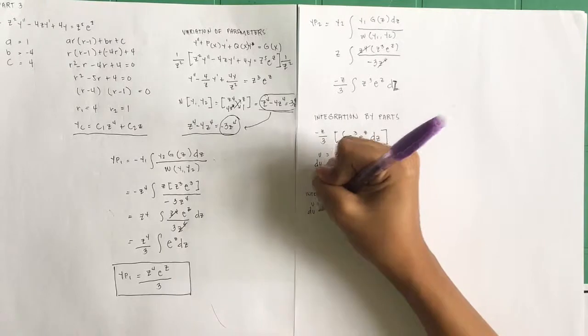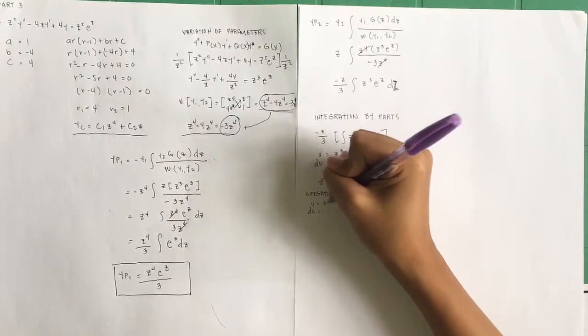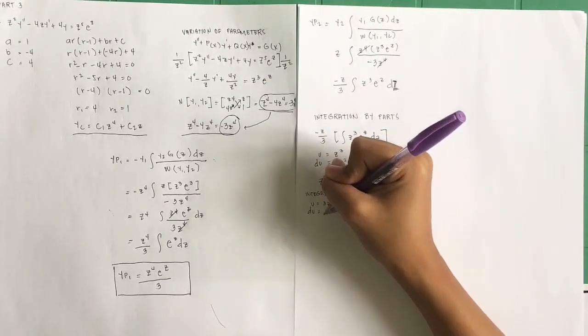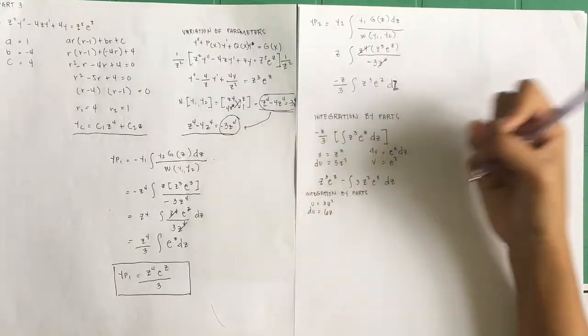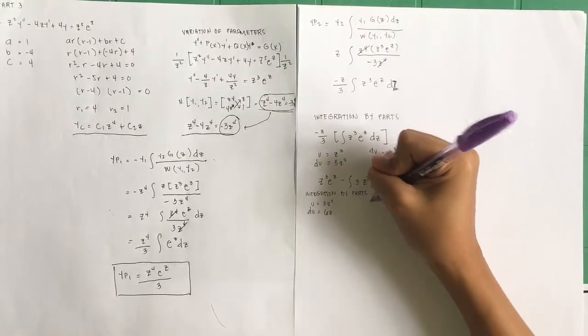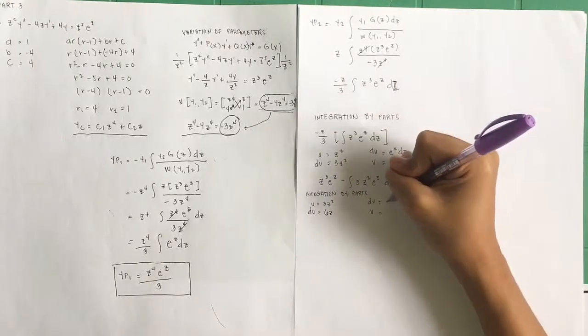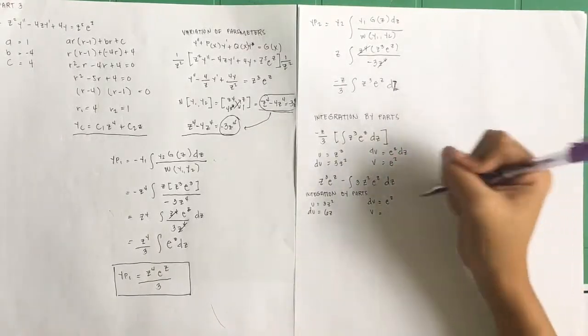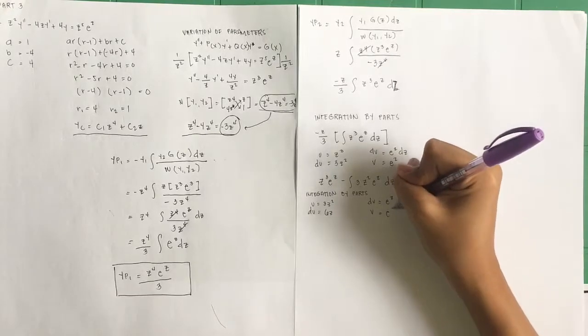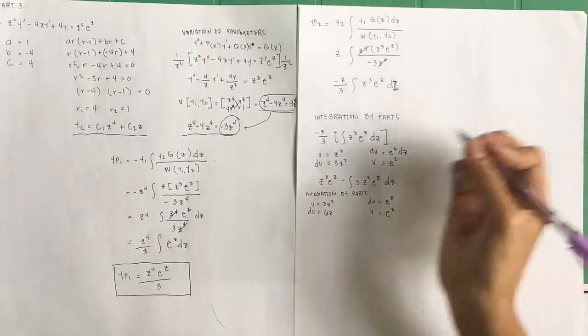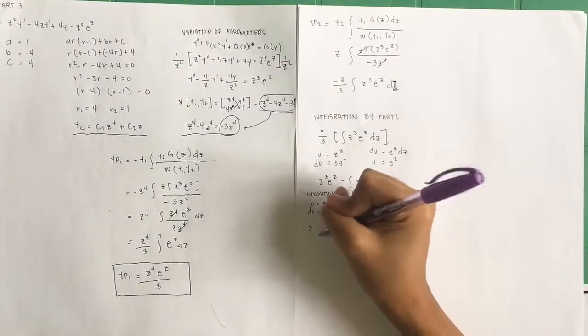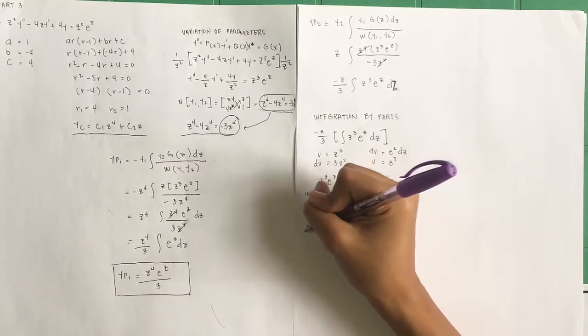Write the u and du. u is equal to z here, and dv equals e to the z. v is equal to e to the z. Substitute the answer.